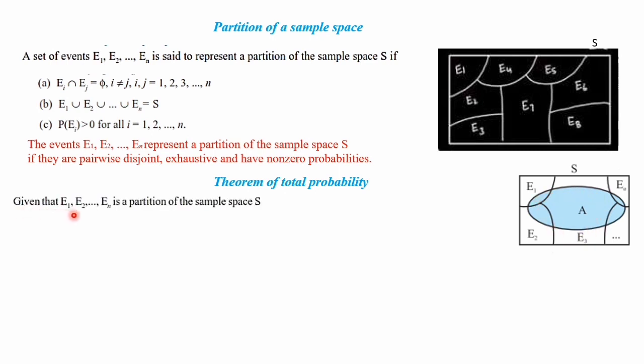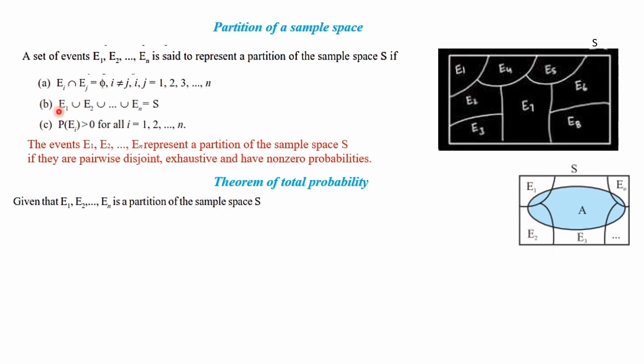Given that E1, E2, etc., En is a partition of sample space S, it can be called a partition because these three conditions are satisfied. Ei intersection Ej: when you consider two events E1 and E2, there is no common element.